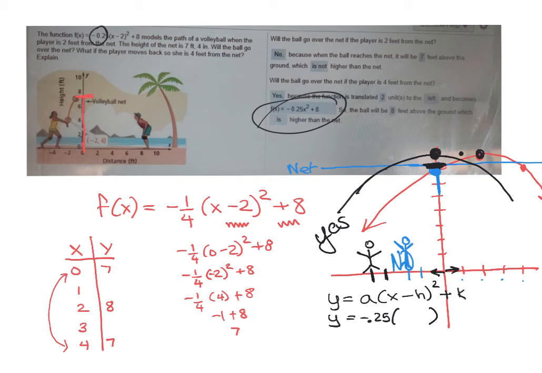Well, the vertex is on the y-axis, so it wasn't shifted right or left at all. And then the K value is how far up or down it was shifted off the x-axis, and it was shifted 1, 2, 3, 4, 5, 6, 7, 8 spaces up. So if the player stepped back, the path of the ball would be this, and it would clear the net.